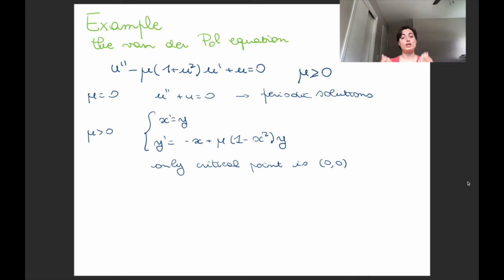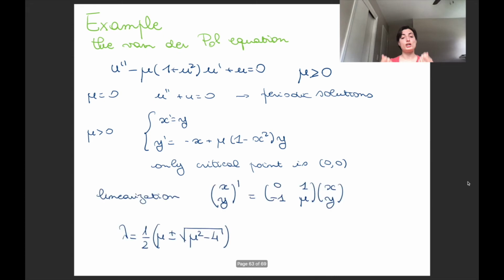We change our system into an ODE system. So we have x dot equals y and y dot equals minus x plus mu times (1 minus x squared) times y. The only critical point is again (0, 0). And when we do the linearization, we find out that the eigenvalues depend on mu in quite a strong way, because it's 1/2 mu plus or minus the square root of mu squared minus 4.